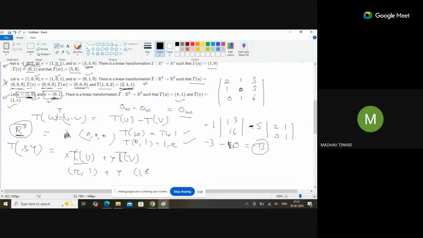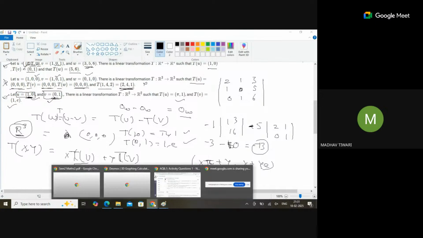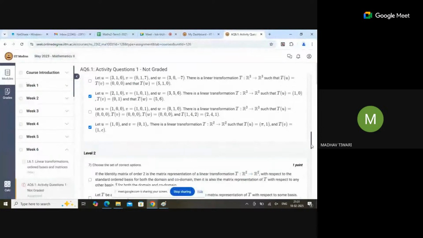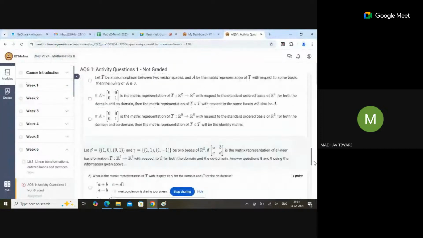It is 1 comma e. If I add these two values, I will get x times pi plus y as my first element, and x plus y times e as the second. So that's okay. What's the problem in this? This is linear and that's fine. There is no problem in this.